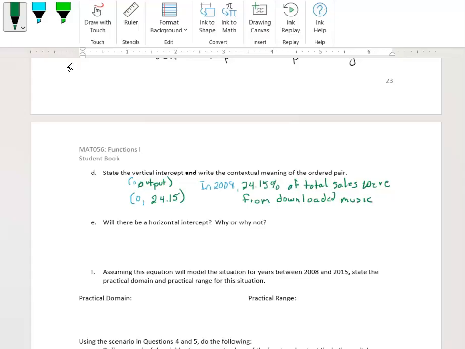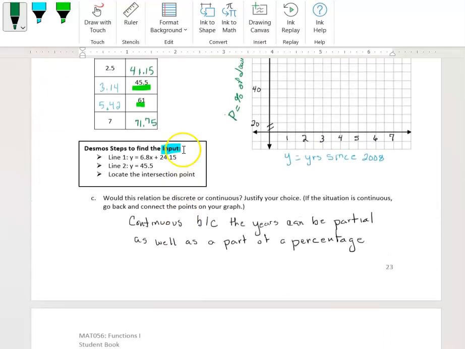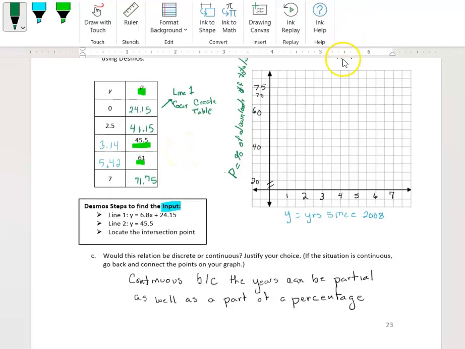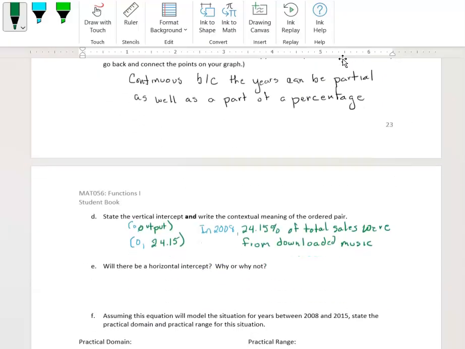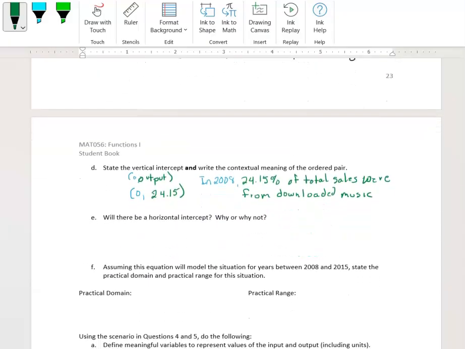So now, will there be a horizontal intercept? Well, let's think about this. Our graph is going upward. When we connected these points, the graph you've drawn in will be going upward. A horizontal intercept is when we know some input value with an output value of 0.